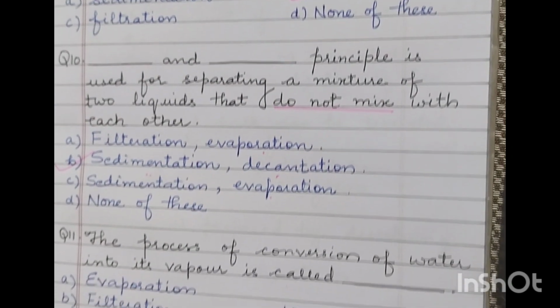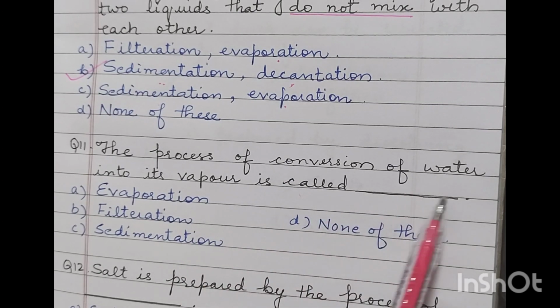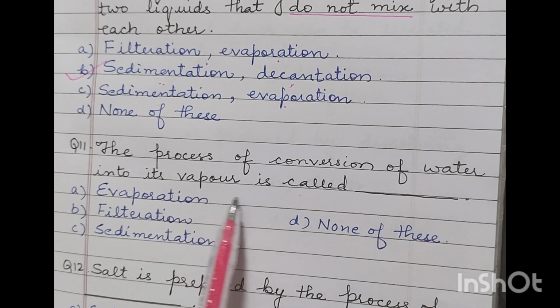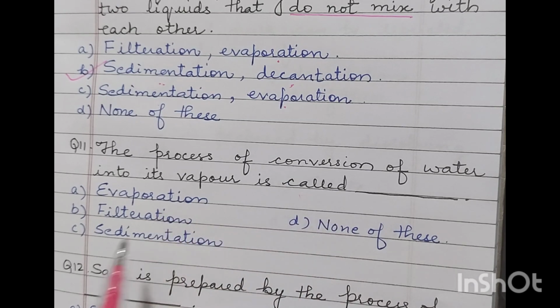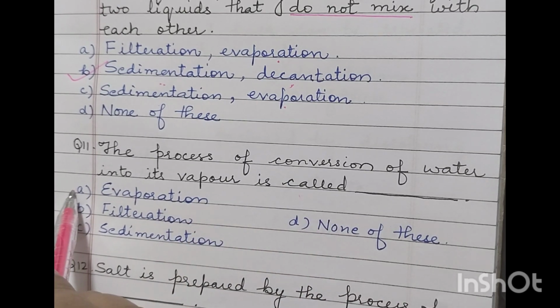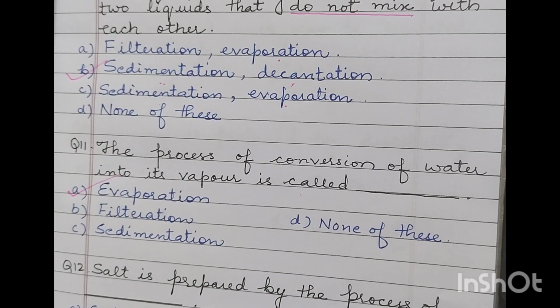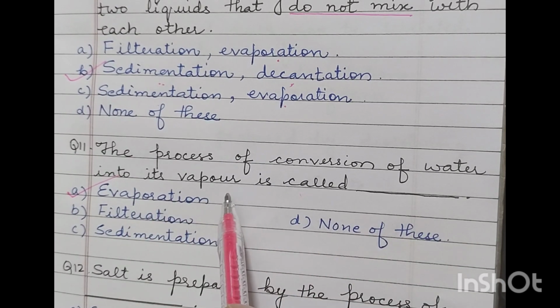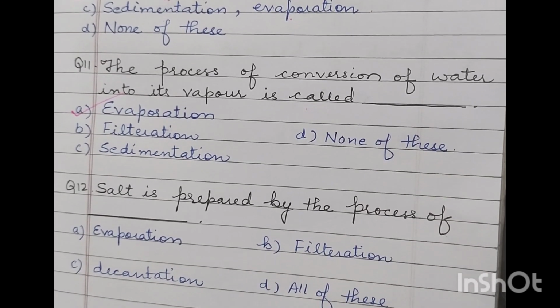Next question is question number 11. The process of conversion of water into its vapor is known as what? That process is known as evaporation. Evaporation is a process through which the water is converted into vapor form. Now next is question number 12.